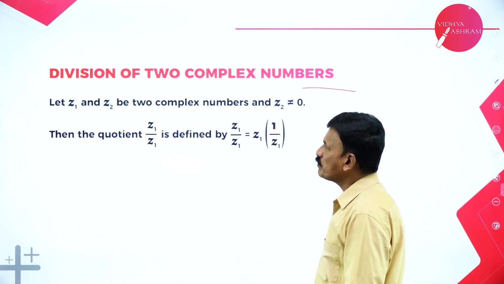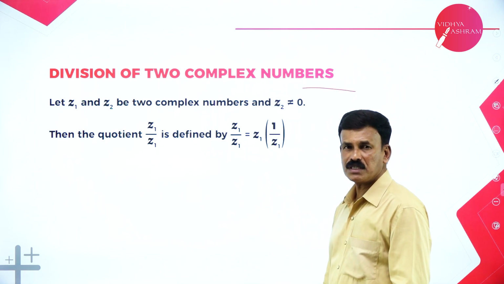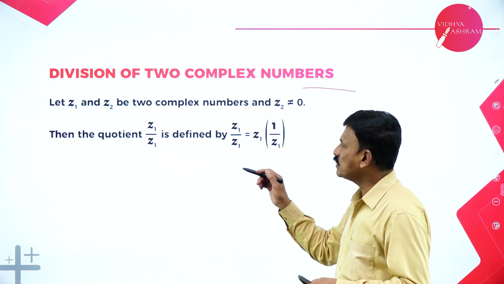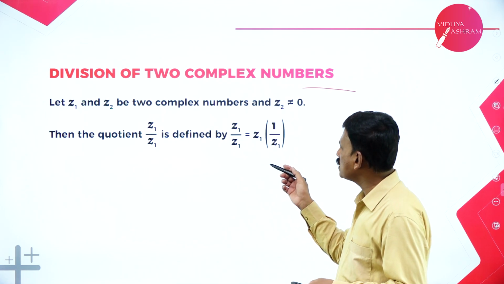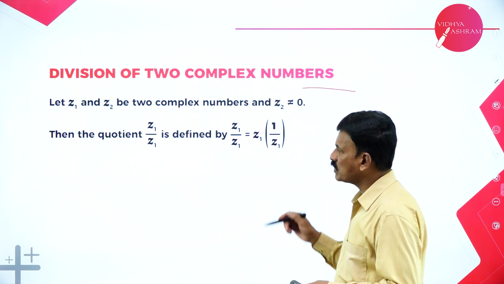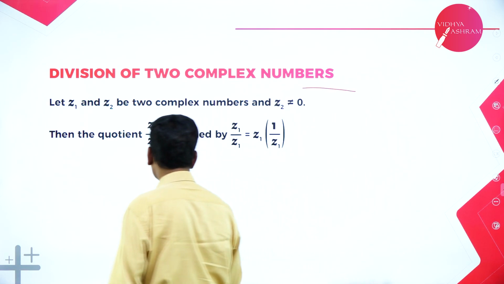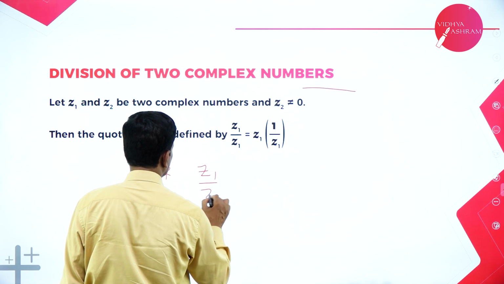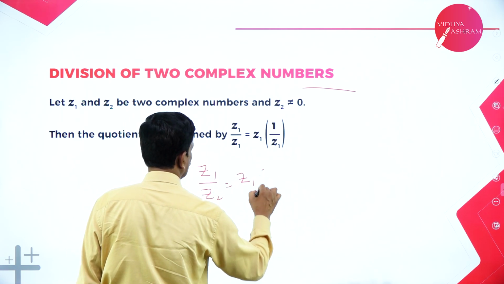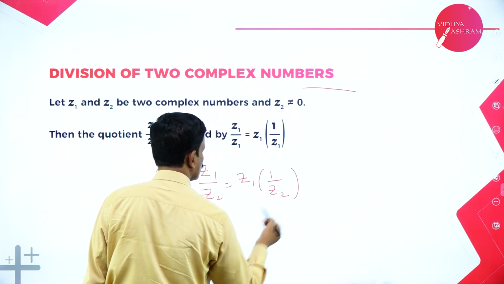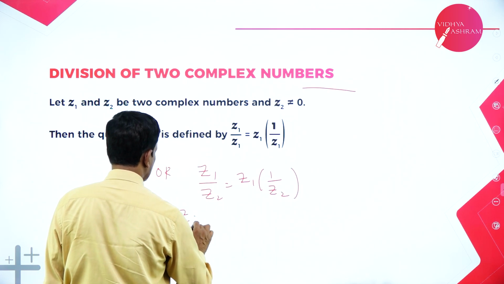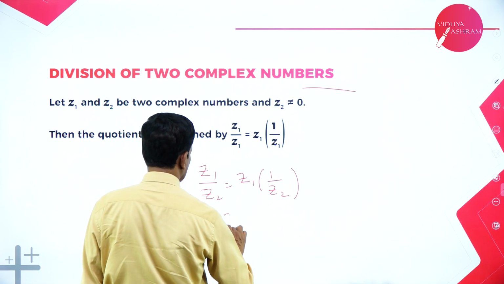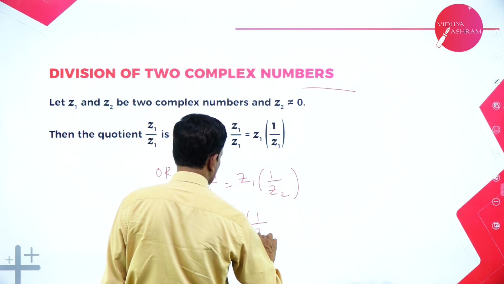Let us consider two complex numbers z1 and z2. If z1 and z2 are any two complex numbers and z2 is not equal to 0, then z1 by z2 is defined as z1 into 1 over z2. Or if you divide z2 by z1, we can also write z2 into 1 over z1.